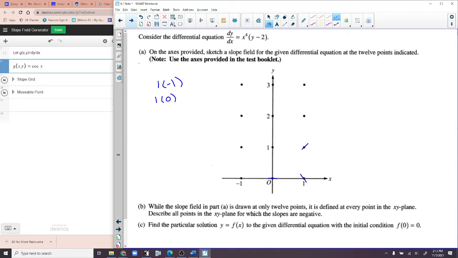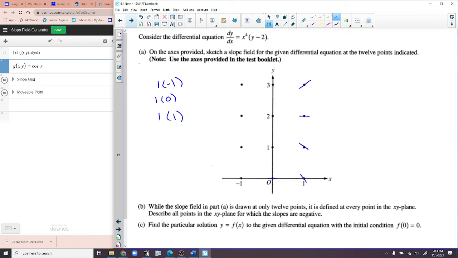Isn't that 0? Oh, wait. No, I messed this up. 1, 1. I messed that one up right there. -1. 1, 3.